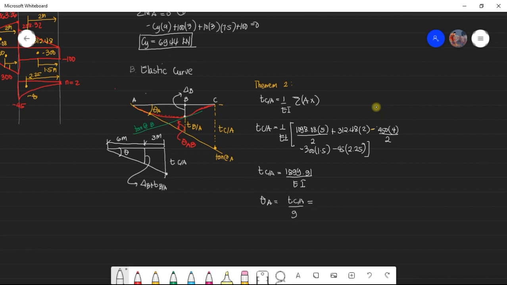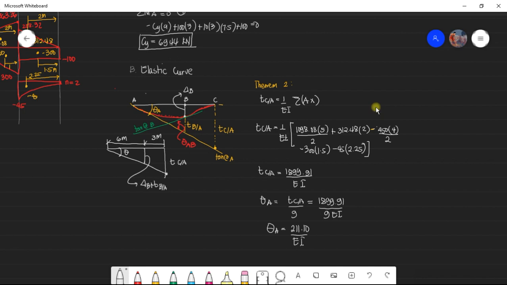So, ang theta A is 1899.91 divided by 9 over EI. So, theta A is equal to 211.10 over EI.